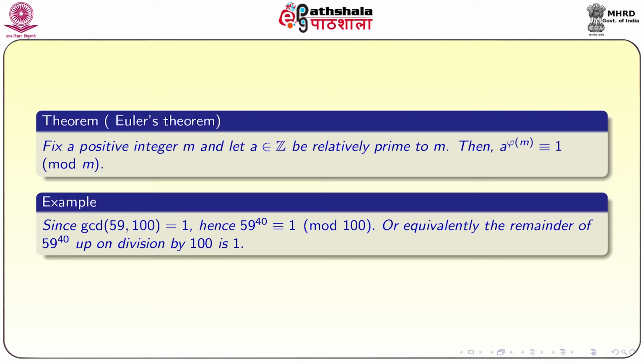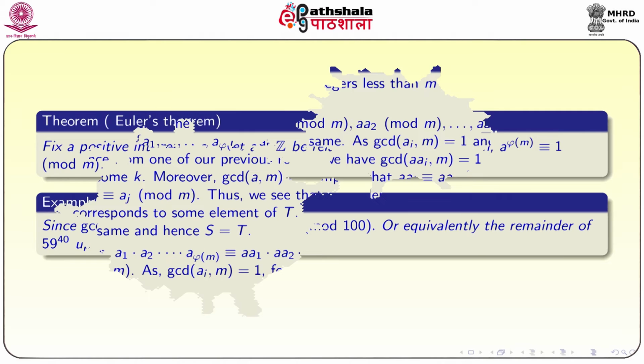So, 59 power 40 is congruent to 1 mod 100, or equivalently, 59 power 40 gives a remainder 1 when divided by 100. It is very difficult to evaluate 59 power 40 and then divide by 100. Now, by Euler's theorem we directly get the answer in a very short way: 59 power 40 is congruent to just 1 mod 100.